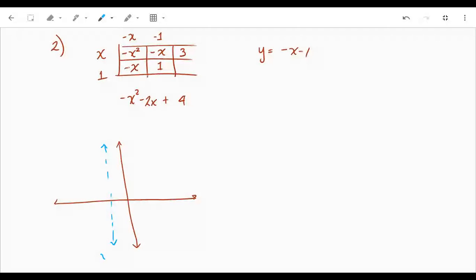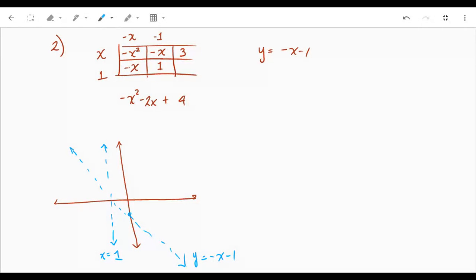And our slant asymptote would be a line. The y-intercept is negative 1, and the slope is negative 1. Okay, there's y equals negative x minus 1.